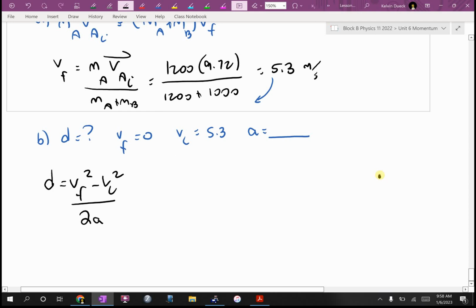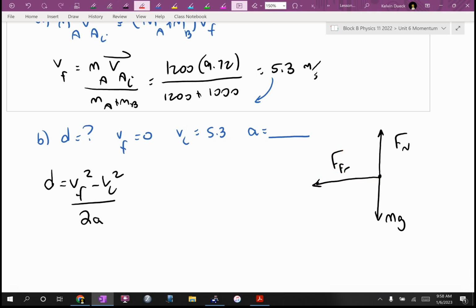Well, they gave me a coefficient of friction, a mu. This is a job for a free body diagram. I have gravity down. I have normal force pointing up. Let's assume we're skidding to the right. Friction is what's bringing us to a stop. And in fact, what I end up with is this: friction equals ma.